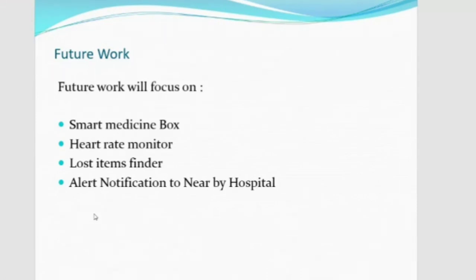If the heart rate goes beyond or below the given parameter, it will update the caretaker. And of course, a person with Alzheimer's may find it difficult to find things. So we can make a lost item finder, and lastly, alert notification to nearby hospitals. Thank you.